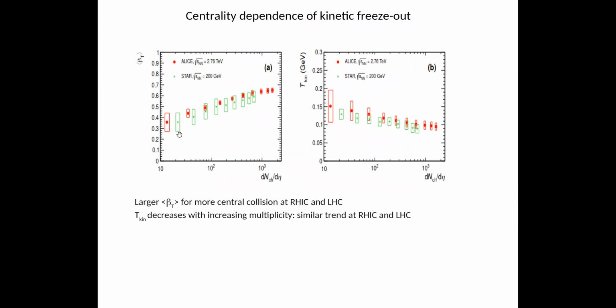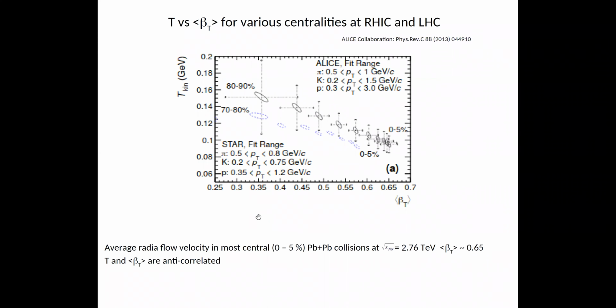If you have a smaller beta, you have a higher T, and if you have a very high beta, you have a very small T. This is because T and beta together decide the shape of your pT spectrum. You can have the same value of the slope of your spectra, the same T effective, if you put T high but beta small, or beta high but T small.